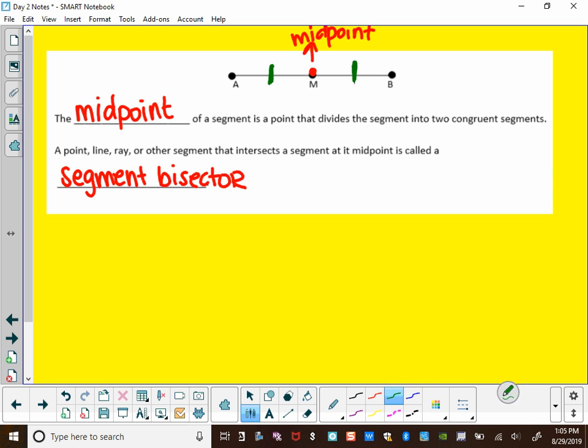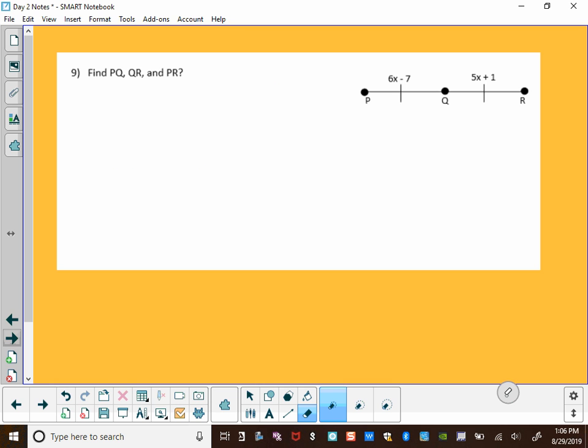So if AM is 4, what's MB going to be? It's going to be the same number. That will also be 4, okay? This is just an example, but these hash marks tell me that these segments are congruent to each other. So what we do to the first one, we do to the second one.